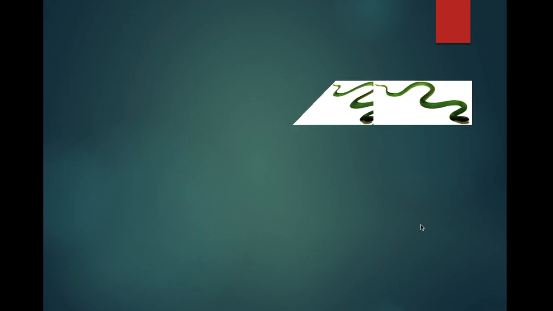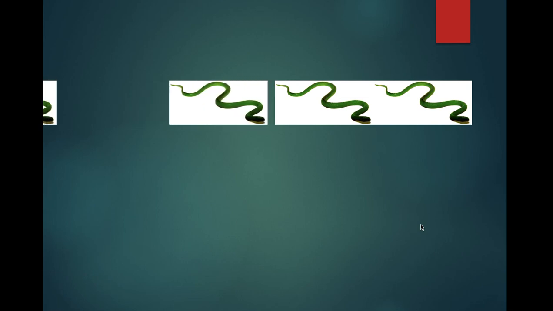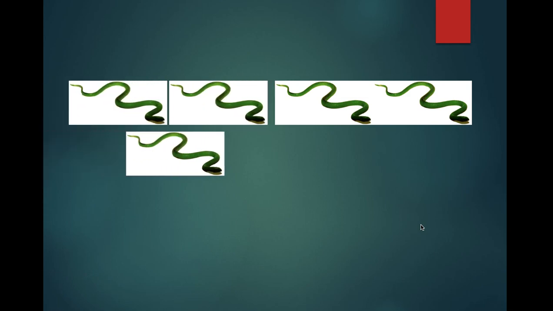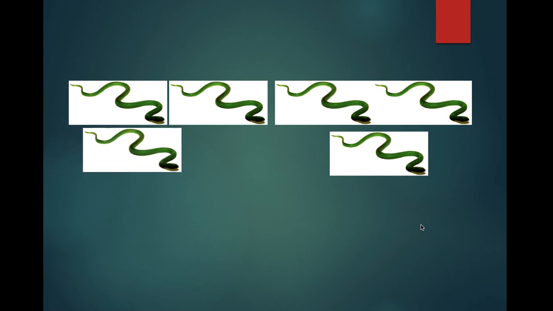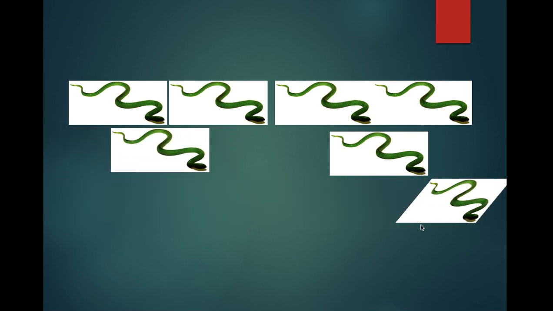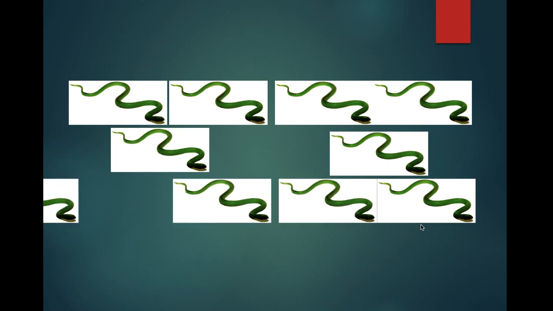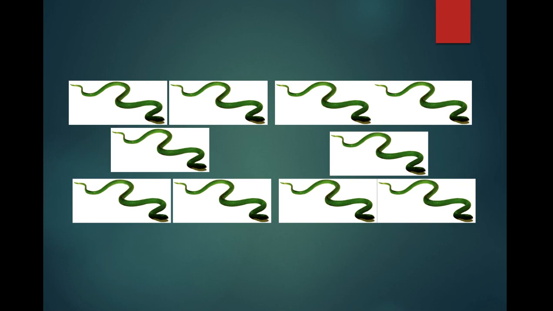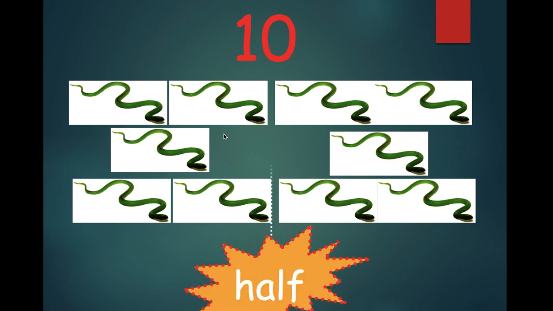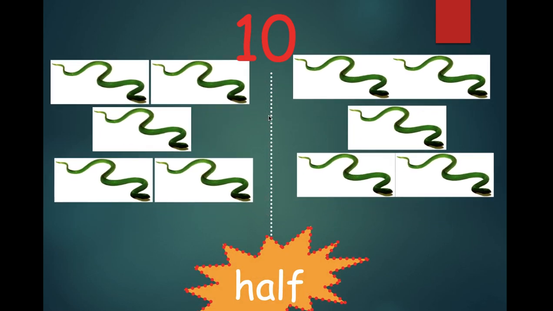Let's move to some other examples. I have some pictures of snakes. Keep counting with me as I move on the pictures. Well done. Have you counted how many snakes we have? Lovely. We have 10 snake pictures here. Let's divide them into half. I equally draw a line to divide them.